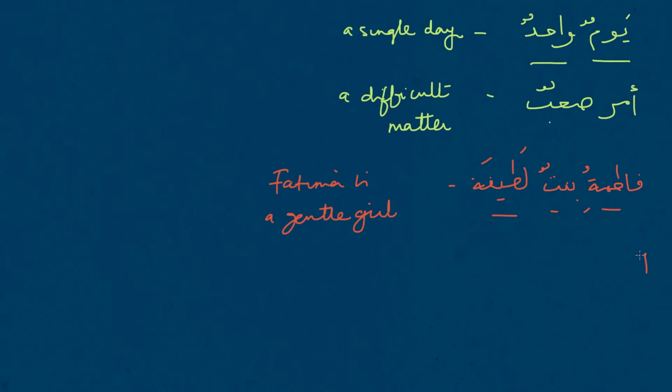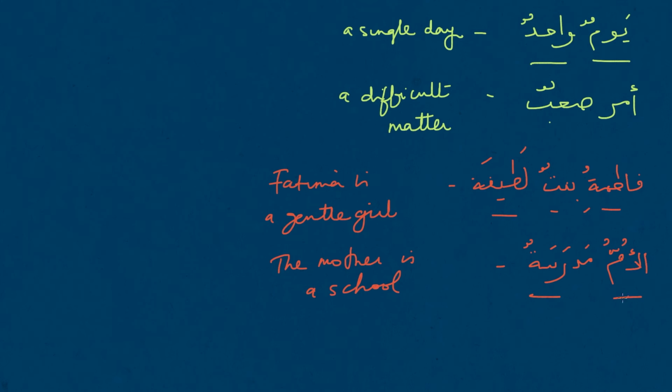Similarly, the phrase al-ummu madrasatun, the mother is a school. Here madrasa, the khabar is feminine because we are talking about al-um.